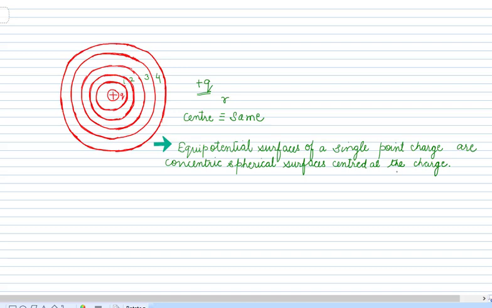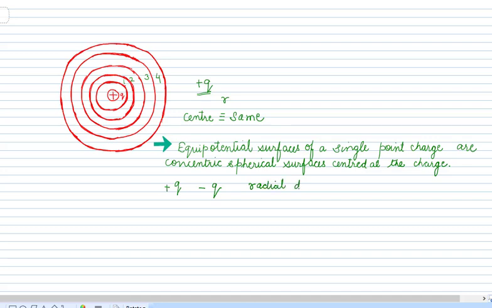If you want to know what electric field lines are, then the link for the lecture is given below. You can go through that link and find out what electric field lines are. But as of now, the electric field lines for a point charge Q are radial lines. If we have plus Q or minus Q, the electric field lines are always in the radial direction, as we have studied.